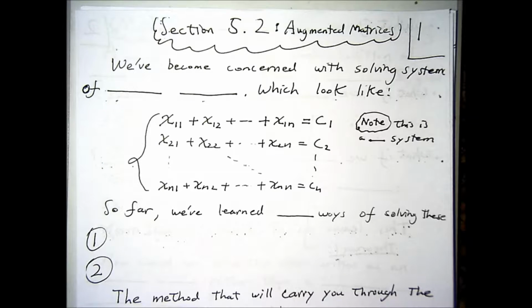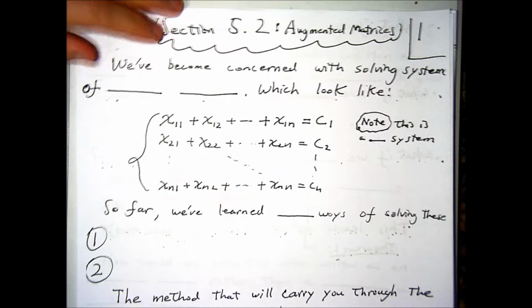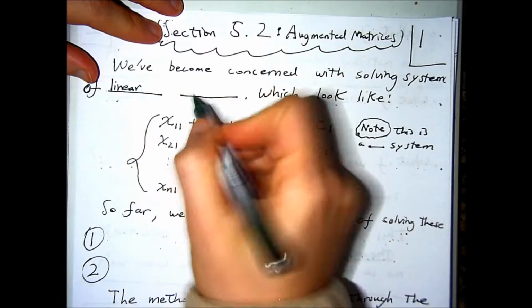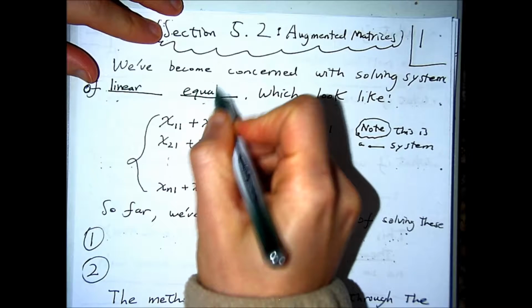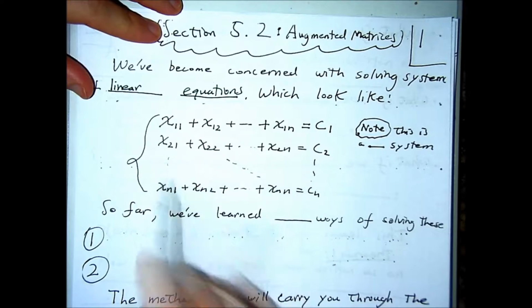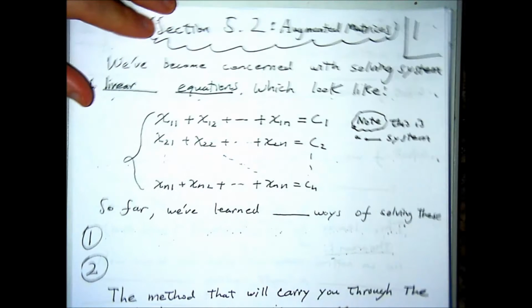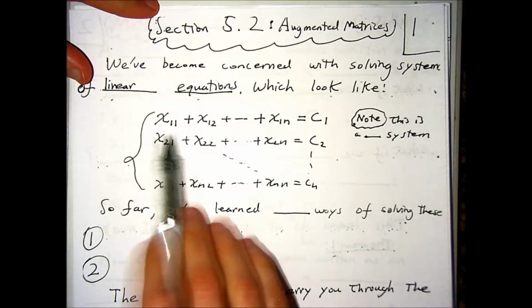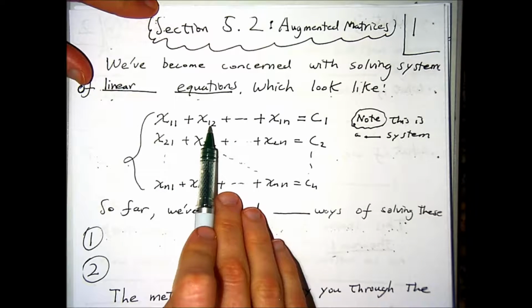So we've been concerned with solving systems of linear equations, which look like this. If you're going to write them in some general way, x11 plus x12 all the way to x1n.